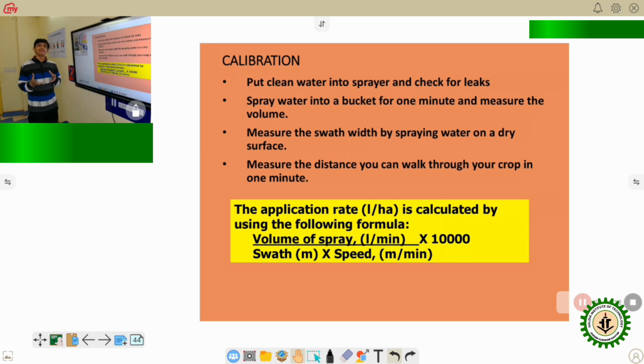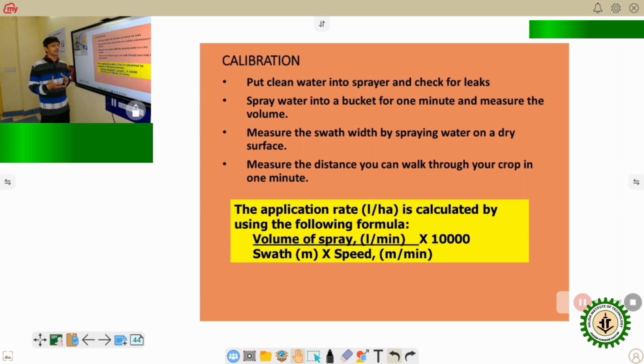Calibration is very important, because whenever we calibrate the sprayer, we get an idea about the capacity of the sprayer.